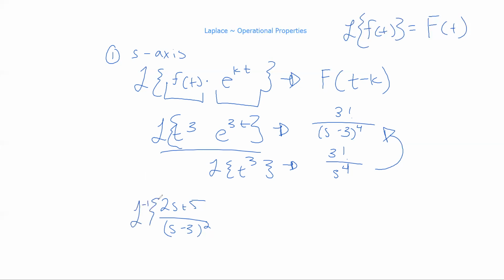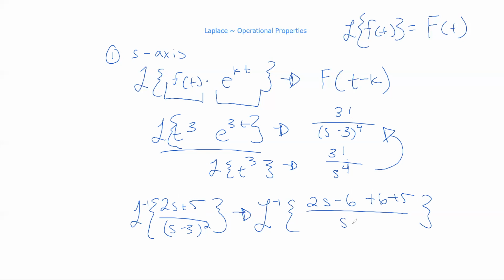So I'm going to do the inverse Laplace of this, which is going to be equivalent to the inverse Laplace of 2s minus 6 plus 6 plus 5. And the thing that identifies to me that I'm looking for a minus 6 is that I have a minus 3 down here and a 2 here as well. This is something that becomes much easier to see the more you do it.